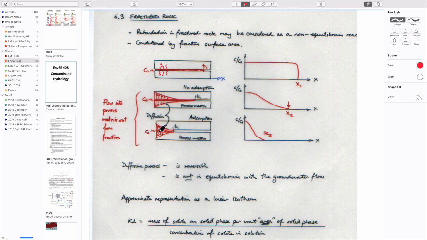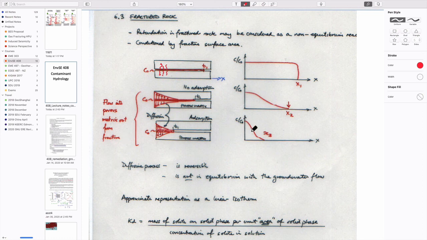And if you then imagine that the material that diffuses into this zone here then sorbs onto the grain surfaces once it's in there, then you lose mass by two mechanisms. One, it diffuses into the pore space and is held in the water, but it's lost to the main flow and so doesn't turn up here. The stuff that's in the water then goes onto the solid and is removed from that water, so the water can, by Fick's law, remove more by the concentration gradient into the pore space, and so you double lose the amount.